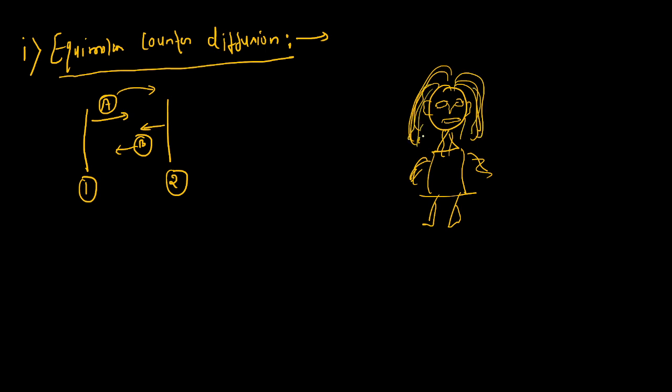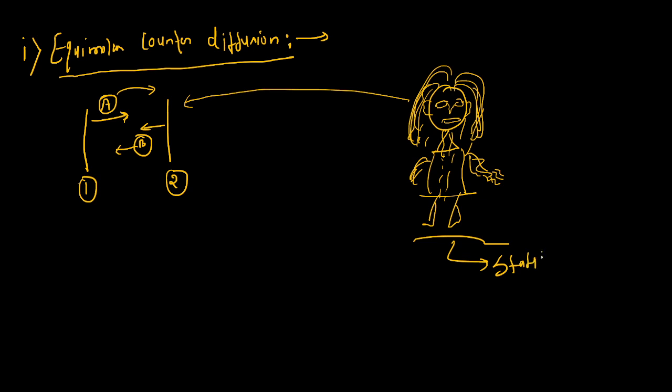Equal numbers of A are going from 1 to 2 and equal numbers of B are going from 2 to 1. So you won't see any movement happening inside the system, because you are stationary, so you'll find that nothing is happening. That's why, with respect to the stationary observer, you cannot see any movement inside the system.